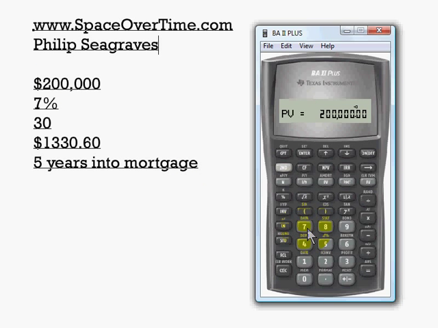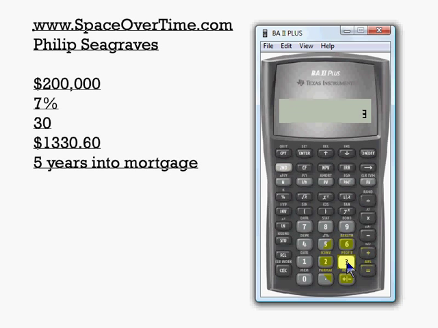Next is our interest rate. The way this calculator works, we just hit the 7 and put our interest rate per year right there, and since we've already put 12, we don't have to divide that by 12. Now we do need to put in the number of monthly payments, so it's 360. It would be 30 times 12.